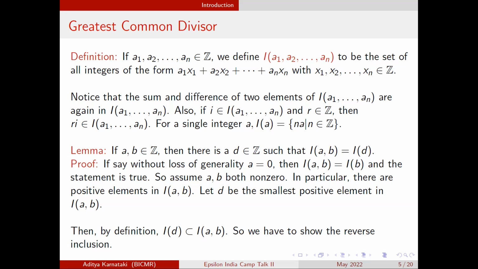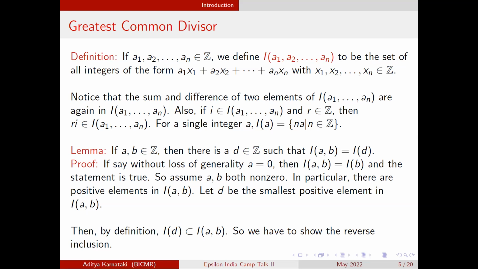Sir, I did not understand how I of D will be a subset of I of AB. I of D is just all multiples of D. You're okay with that? Yes, sir. In the second paragraph, the line beginning with "also": if I belongs to I of A1, A2, An and R is any integer, then I can multiply I with R, and it will again lie in the same set.